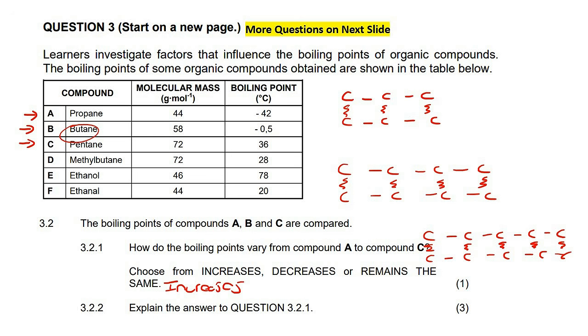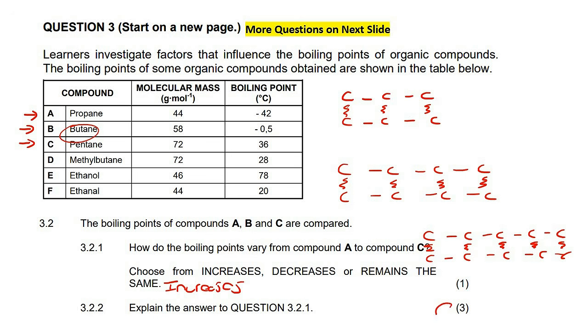So for example, here we've only got space for London forces over there, but here we have a longer space or more area for the London forces to act, and here we have even more area for the London forces to act. Another word you can use instead of surface area is molecular mass. That's another one we use with London forces.